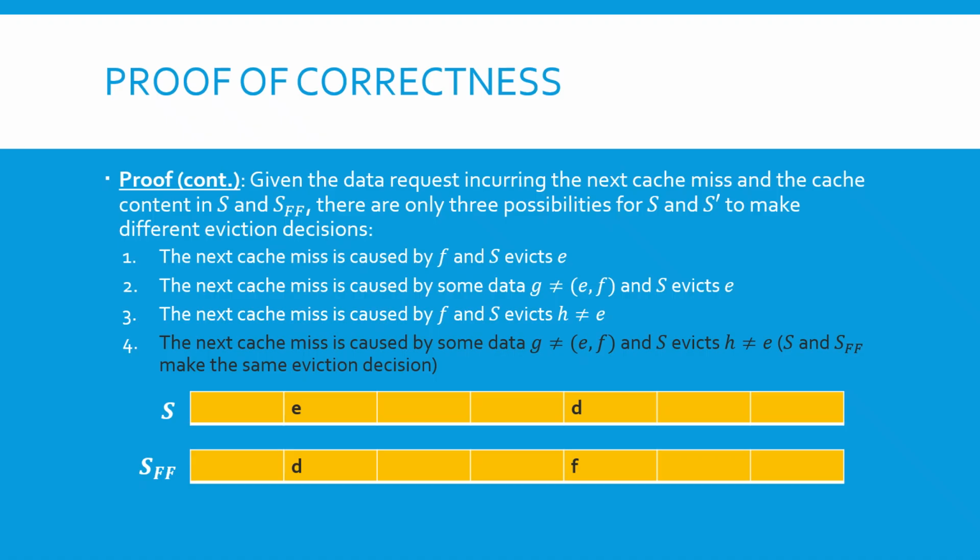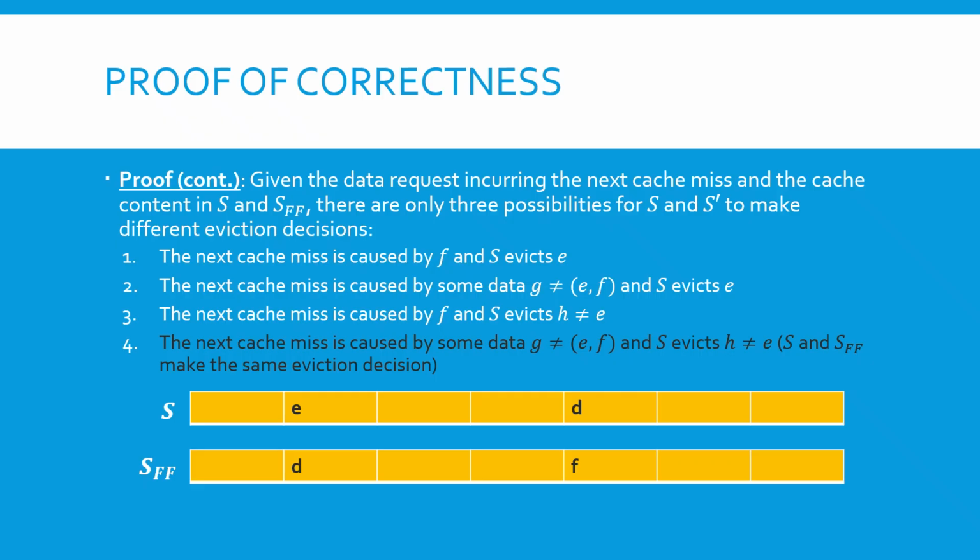First, the requested data is F, and S evicts E. Second, the requested data is G, and S evicts E. Third, the requested data is F, and S evicts some data H that is not E. Fourth, the requested data is G, and S evicts some data H that is not E.